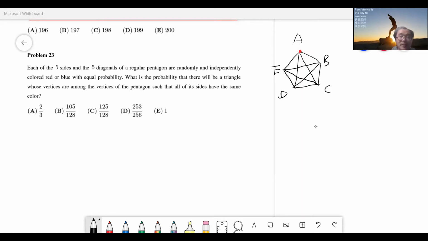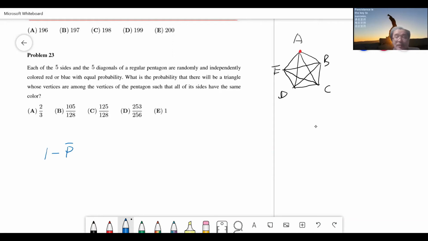Instead of looking at 3 sides of a triangle in the same color, we look at no triangle having the same color, right? So in that case, the probability is 1 minus p naught, where p naught means no 3 sides in the same color.